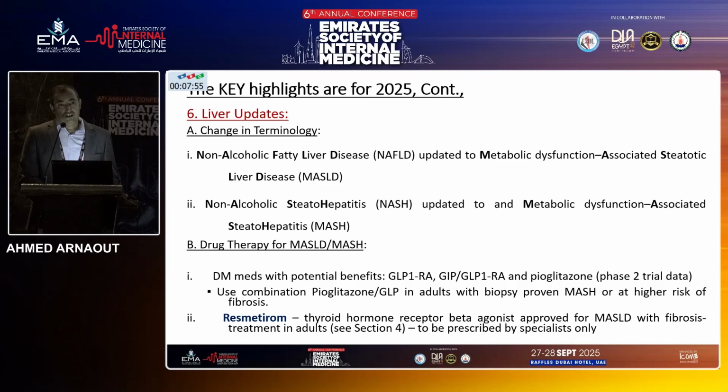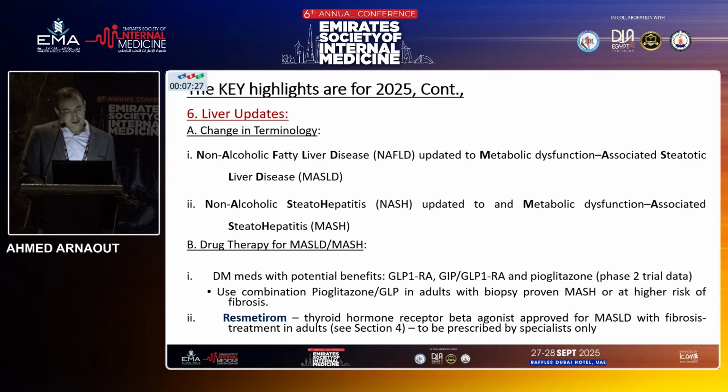What are the medications available now for liver steatosis? We have diabetes medications which could help, like the GLP-1 receptor agonists and the pioglitazones. However, this is still in trial. We can use either single or combination of them. We have an emerging new medication dedicated only for fatty liver disease, especially if we have liver stiffness measurement of F2 to F3.